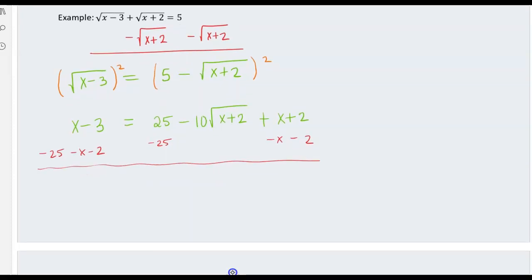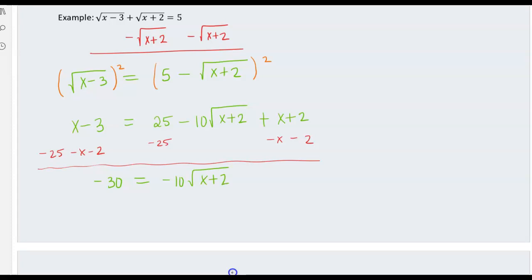So I'm going to have x minus x is nothing. And then I'll have negative 3, negative 25, negative 2. That's going to be a negative 30 over here. So that variable went away there. On the right-hand side, what I'm left with is the negative 10 times the square root of x plus 2.